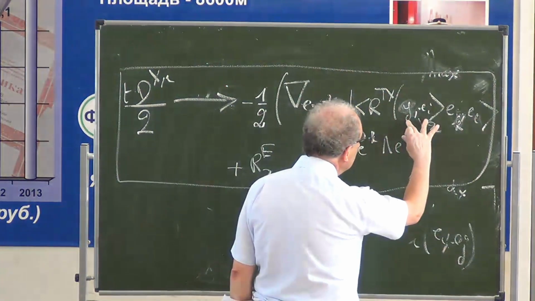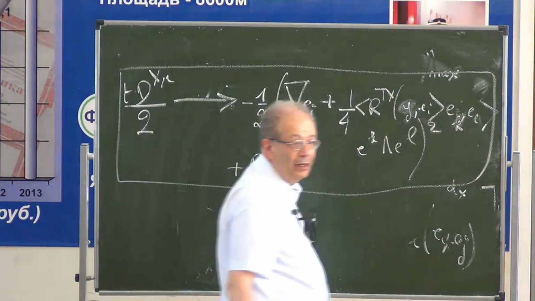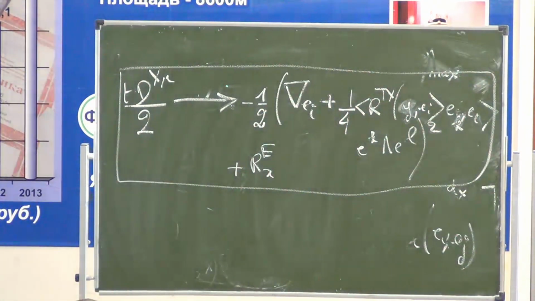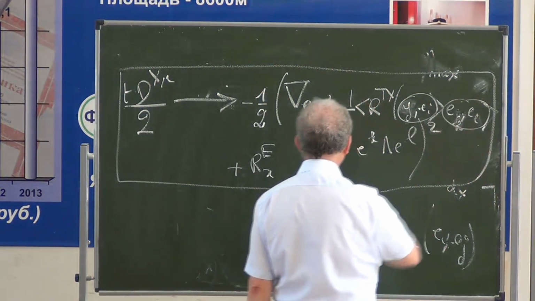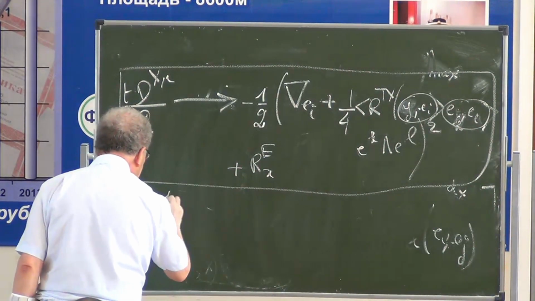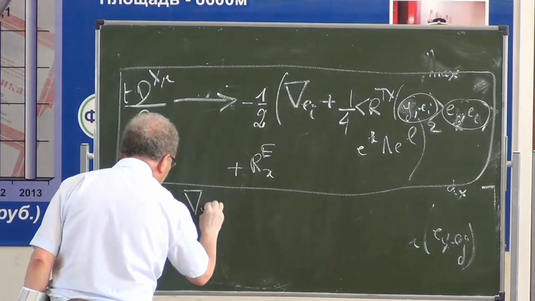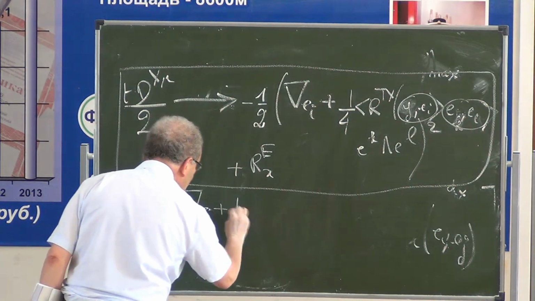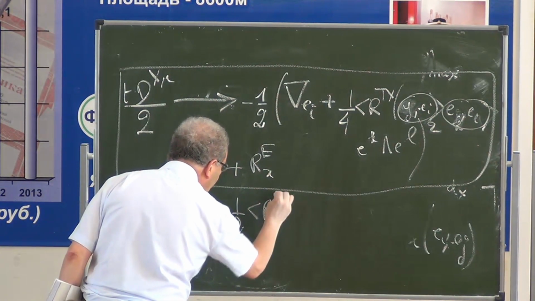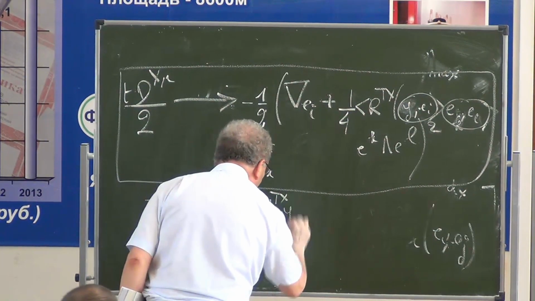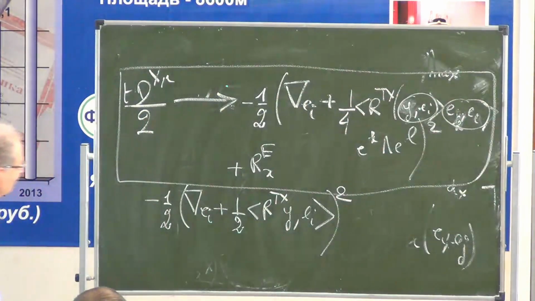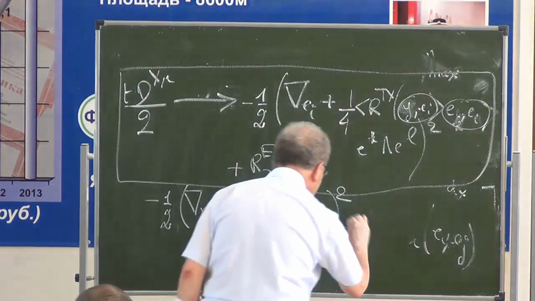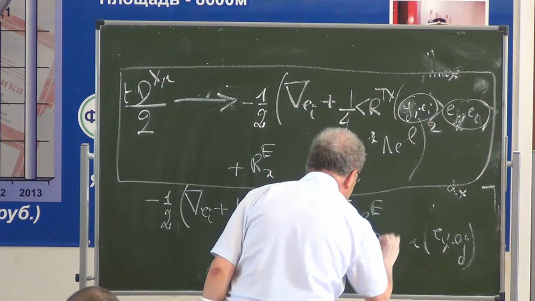But now we use the 2-by-2 symmetry of the Levi-Civita curvature. The 2-by-2 symmetry means that these two arguments here can be exchanged. And so we write this as minus 1/2 of nabla EI plus 1/2 of RTX Y EI squared plus REX.